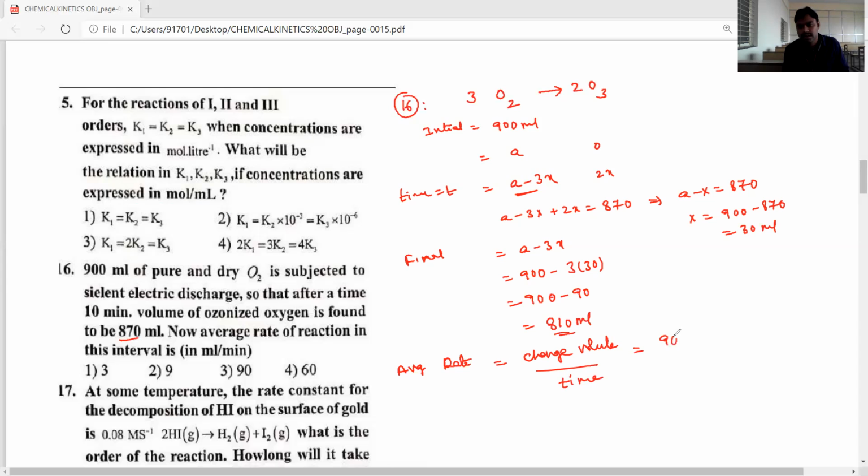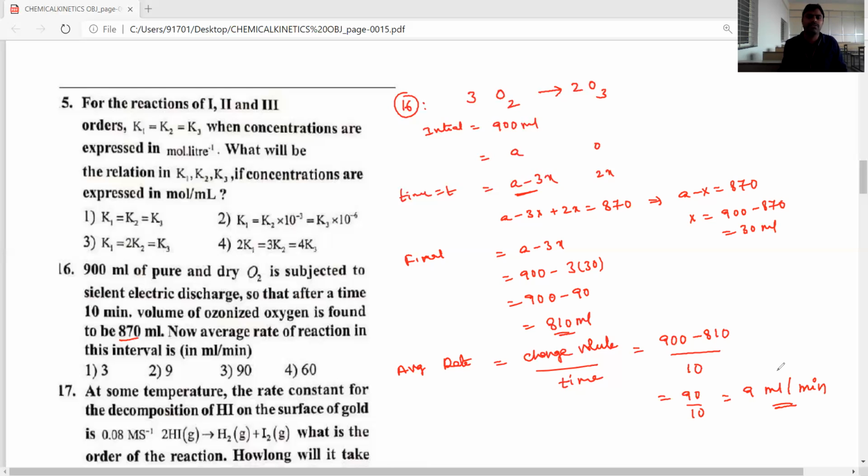Change in the volume is 900 minus 810, by time equal to 10 minutes, which is nothing but 90 by 10. 90 by 10 is nothing but 9 ml per minute. That is the average rate of this reaction.